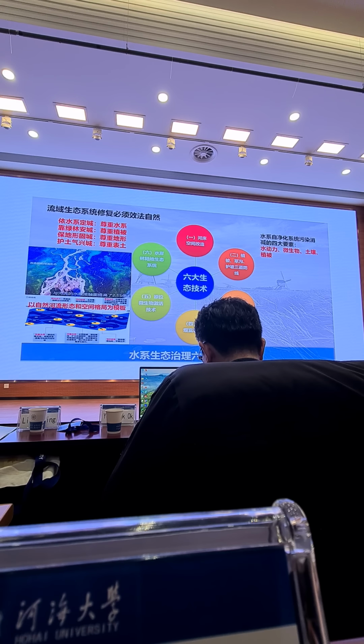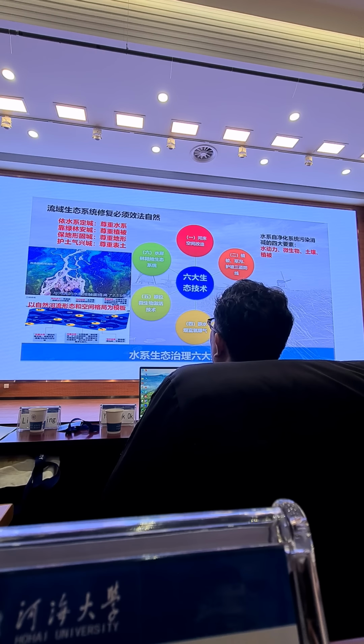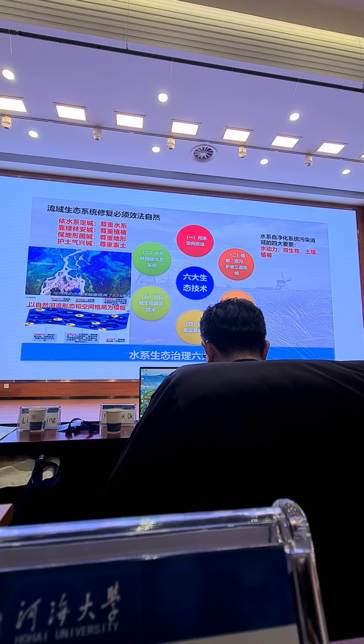eco-technologies or methods for ecological engineering. First, you need to have the biophysical environmental structure restoration part. Then you use vegetation, wetlands, all the different approaches. But very important, you have four major factors.